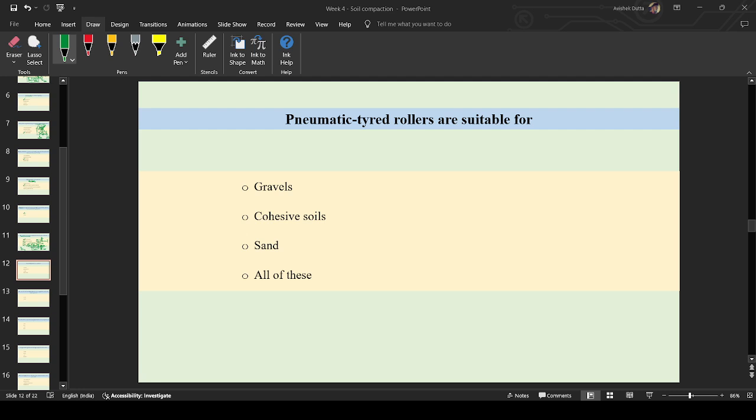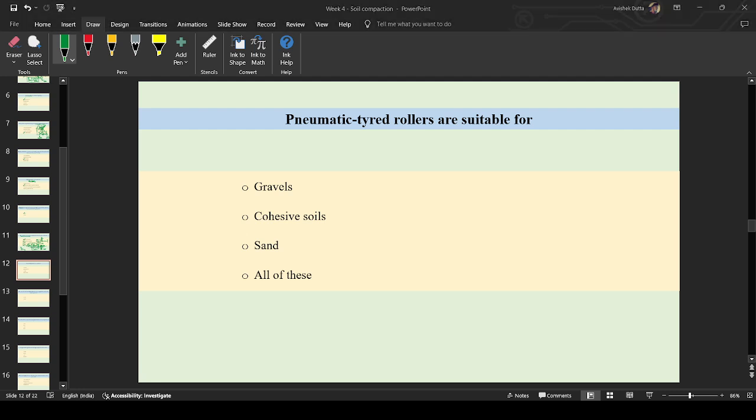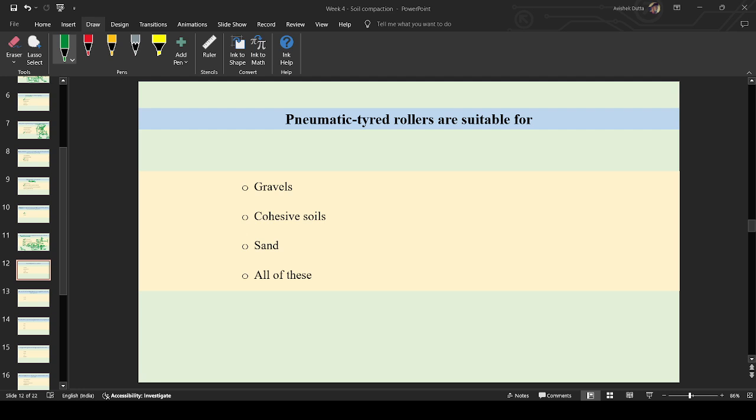Okay, next question. Pneumatic tired rollers are suitable for. What is the answer? Again, one person is only answering D. Yes, all of these. I have mentioned suitable for. They go with pressure and kneading.